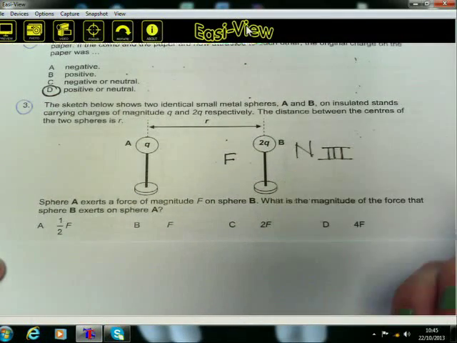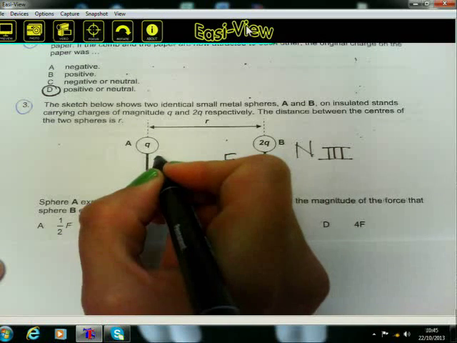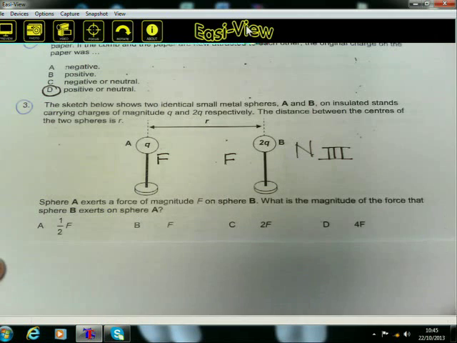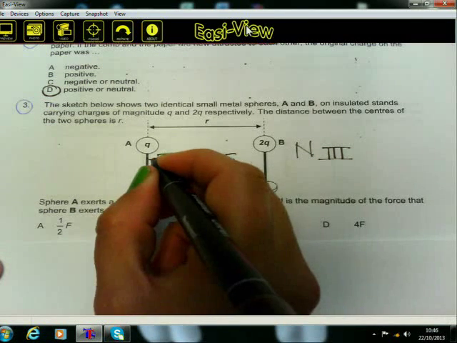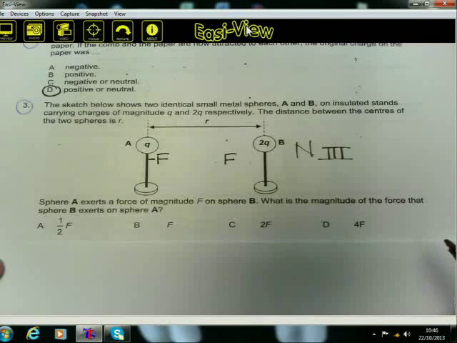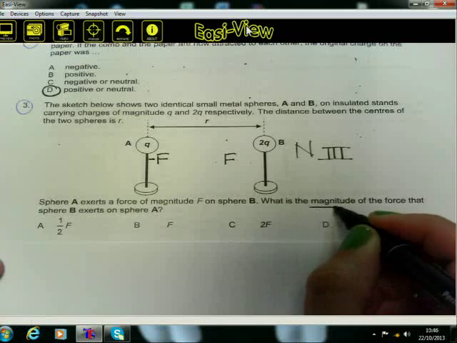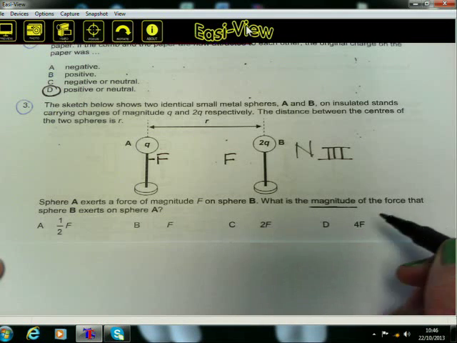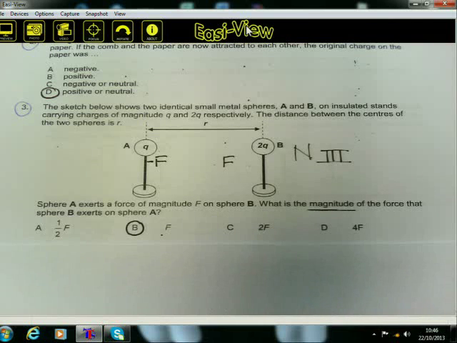Newton 3 says the magnitude of the force of B on A will also be F, but in a different direction. So actually it should be negative F, but they don't ask for the direction. They only ask what is the magnitude. So the magnitude will also be F because of Newton's third law.